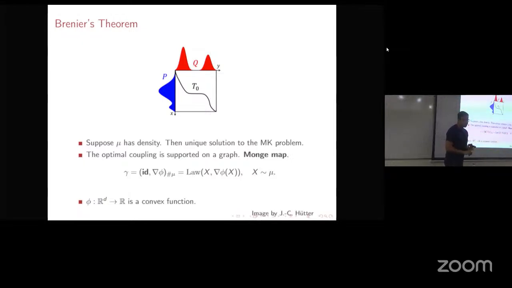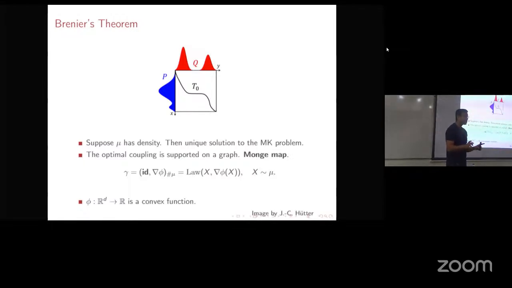So the Monge-Kantorovich problem admits a unique solution. The unique solution is the kind that Brenier was asking for, a function that pushes forward mu to nu. That function is very special. It must be the gradient of a convex function, and such a convex function will always exist.